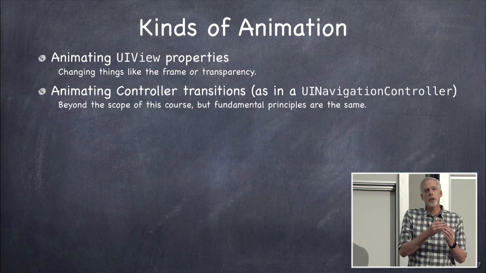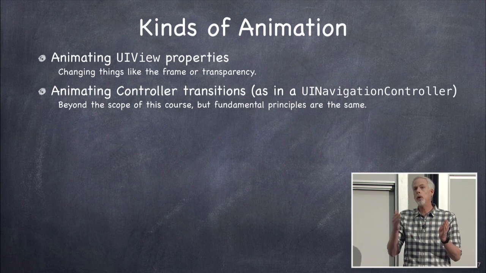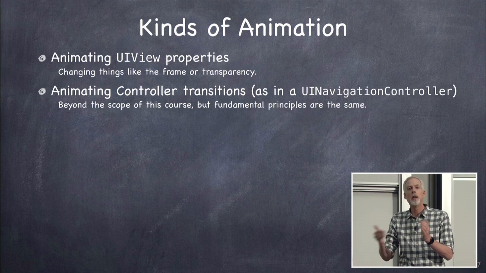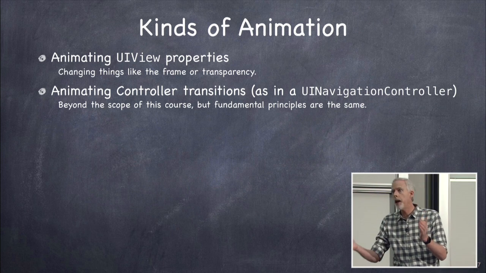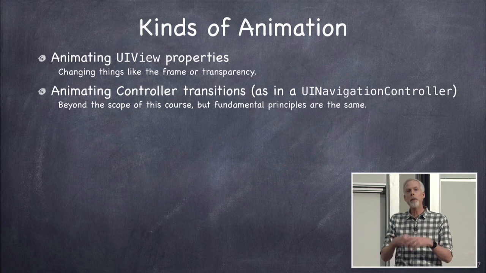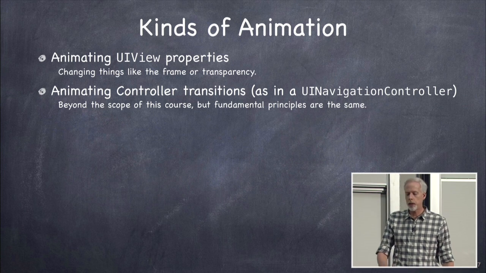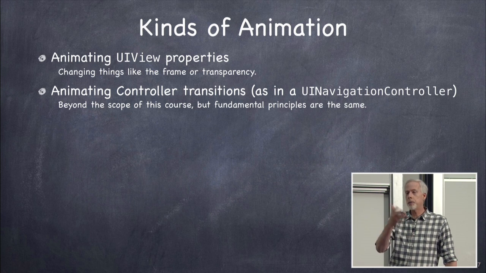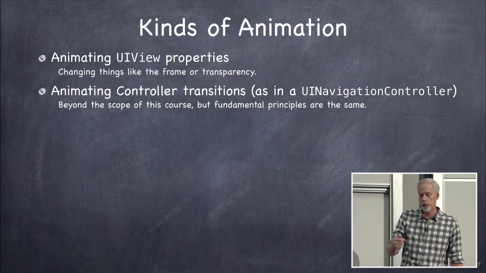You can also obviously animate controller animations, like in a navigation controller when you click to go to the next card on the stack, it slides in, right? That's animated. And when you rotate your split view, those are animated transitions. That's all controllable. And in fact, even though I'm not going to talk at all about it in this class, might be a good final project not covered in lecture thing for you, by the way.